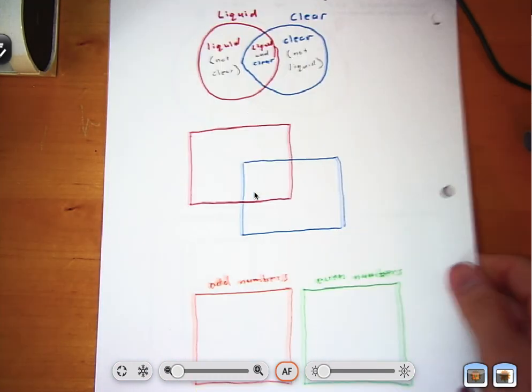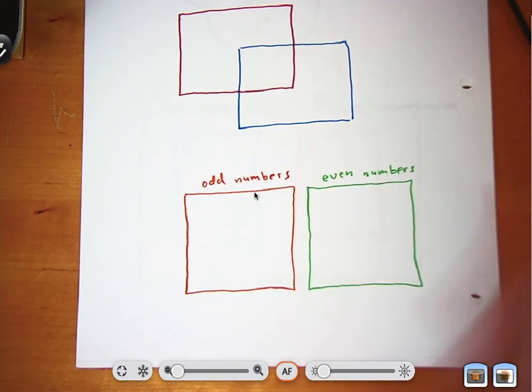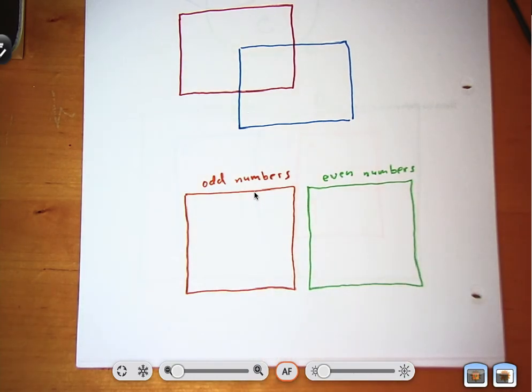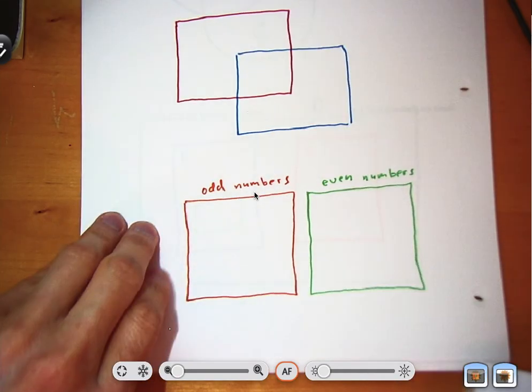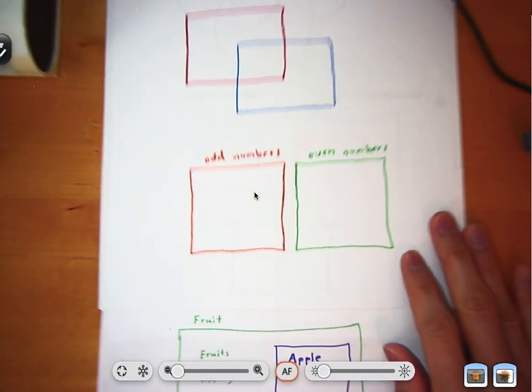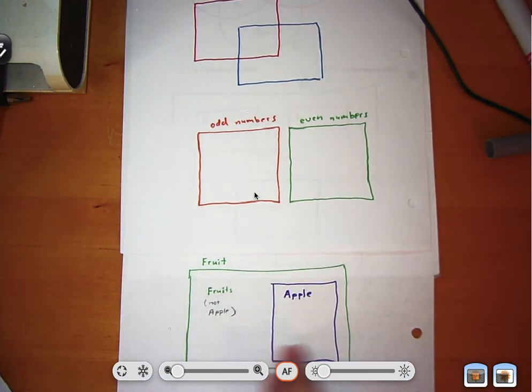If you understood these, where there's one area of overlap or there are zero areas of overlap, and you also understood this one over here where there is one category inside another category, with that much understanding you're able to create the Venn diagram you're going to need for your assignment.